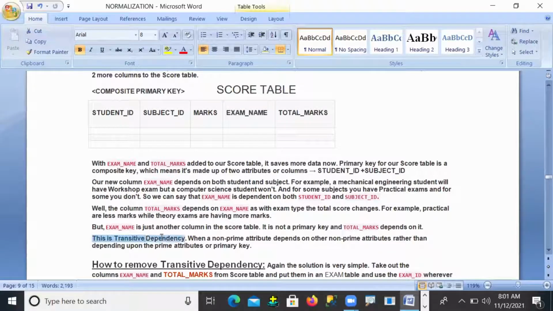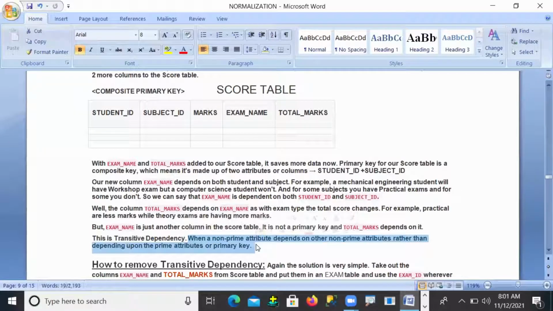When a non-primary key column depends on another non-primary key column rather than depending on primary key attributes, it is called a transitive dependency. So finally, in my table we have transitive dependency columns. Total marks is one of them.